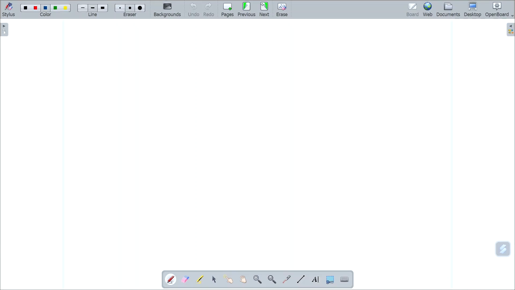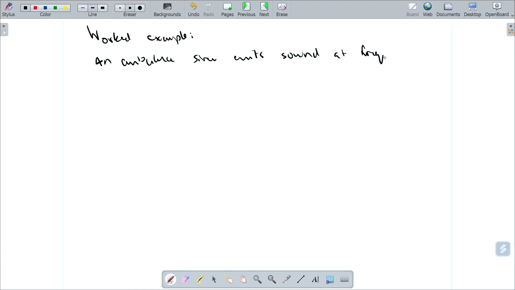Right, so here is our example. We're going to consider an ambulance. What we've got is that an ambulance siren emits a sound at a frequency of 700 hertz.